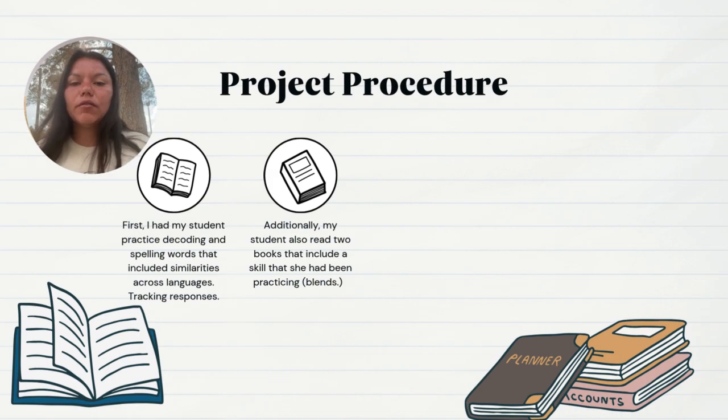In the next part of my procedure, I then had my student read a couple of books that include translanguaging. Finally, I compared my notes and my findings, confirming her areas of need and growth. I also created a plan to increase her understanding of the language differences that will hopefully help my student grow in her native language as well as English.